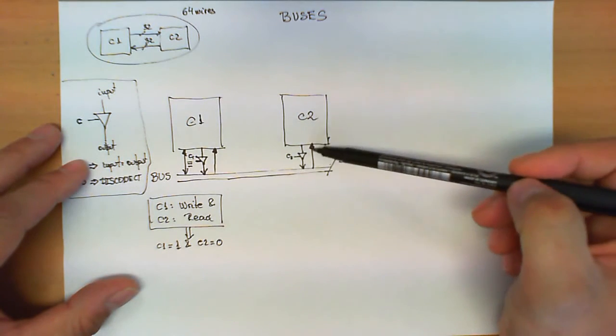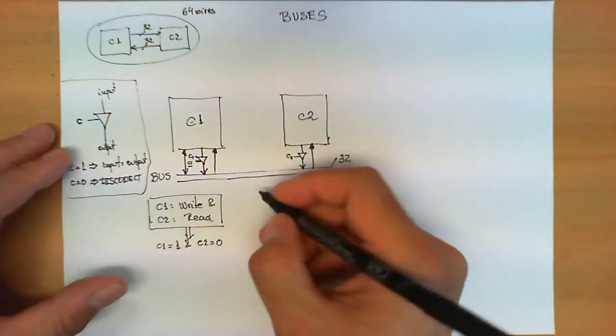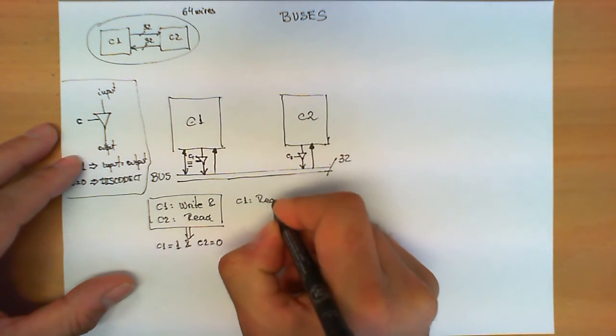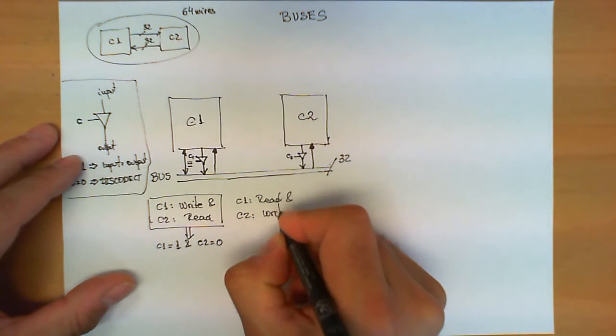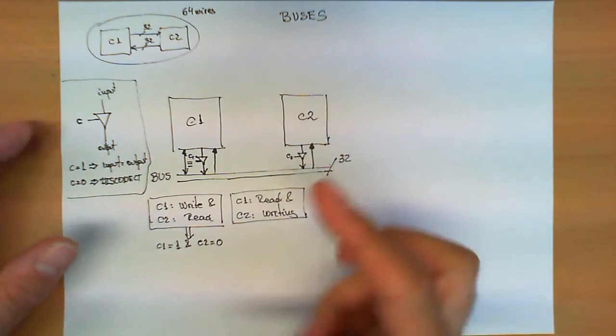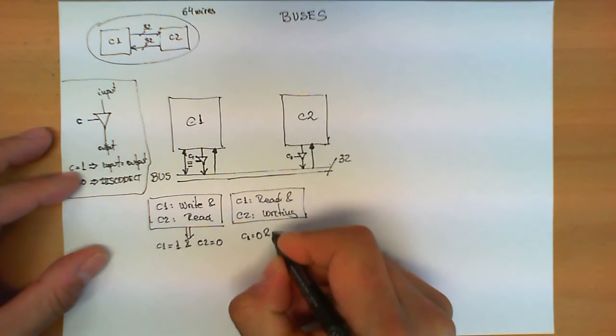If we want it to work the other way around, then it is trivial. What we do is C1 now is reading and C2 is now writing. In this case, the signals are reversed. C1 is 0 and C2 is 1.